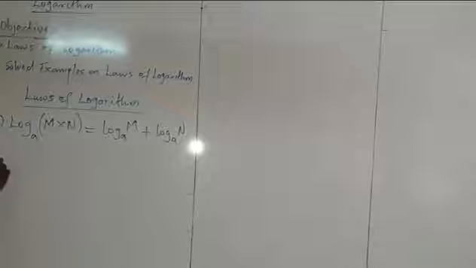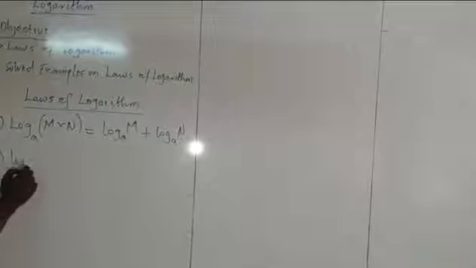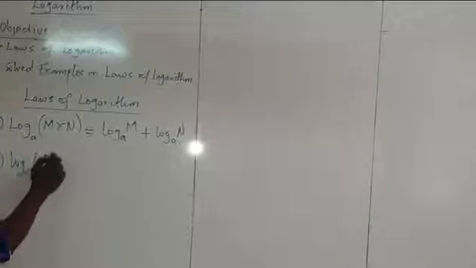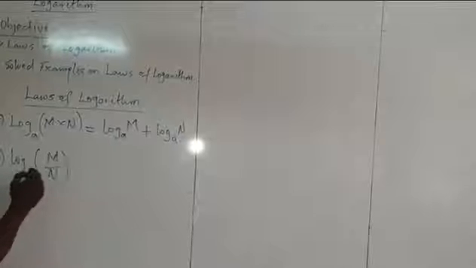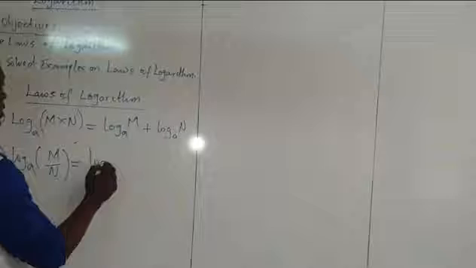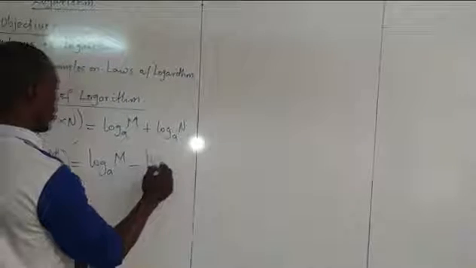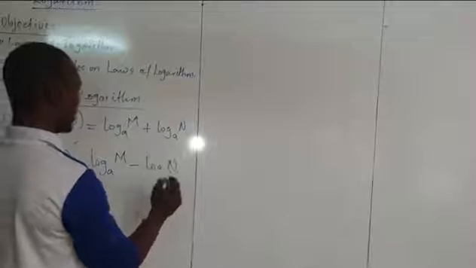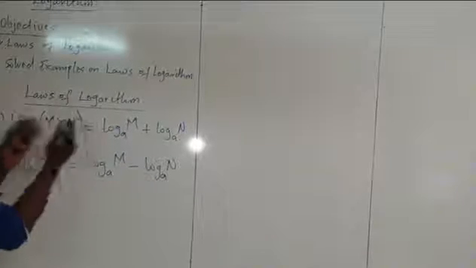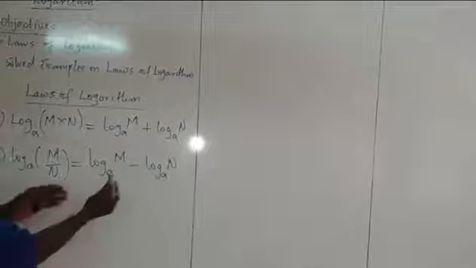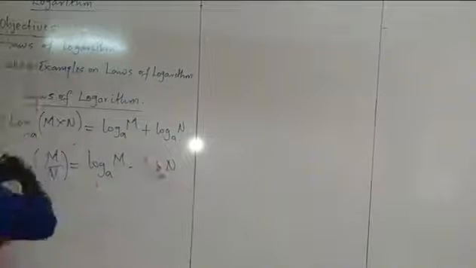So number 2, division law of logarithm, that is log m over n base a. So log m over n base a is the same thing as log m base a minus log n base a. So just like the first law, we can as well move from minus to division.